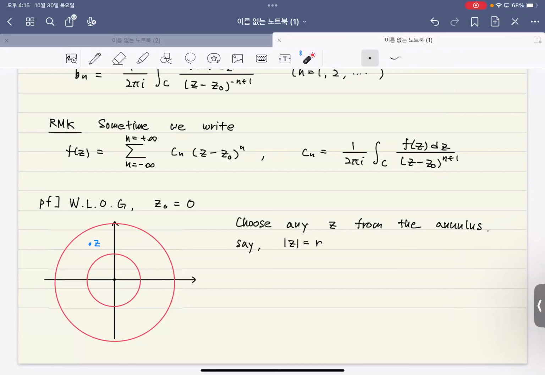Please allow me to say the distance from the origin to this point is r.